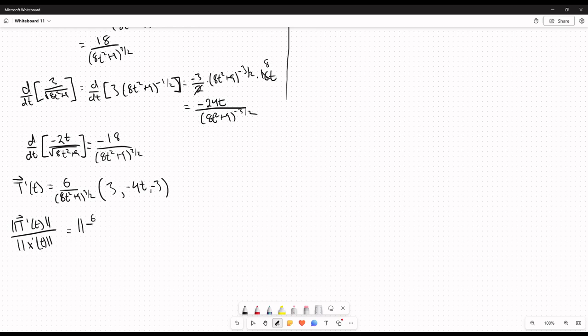This is the norm of 6 times 8t squared plus 9 to the 3/2 times 3, negative 4t, negative 3, divided by, we know that the norm of the derivative of x is just the square root of 8t squared plus 9 that we've gotten absolutely sick of writing. So what I can do is this right here doesn't look like it, but it's just a scalar. And multiplying by a scalar just multiplies the magnitude by that amount, so I can pull that out front.